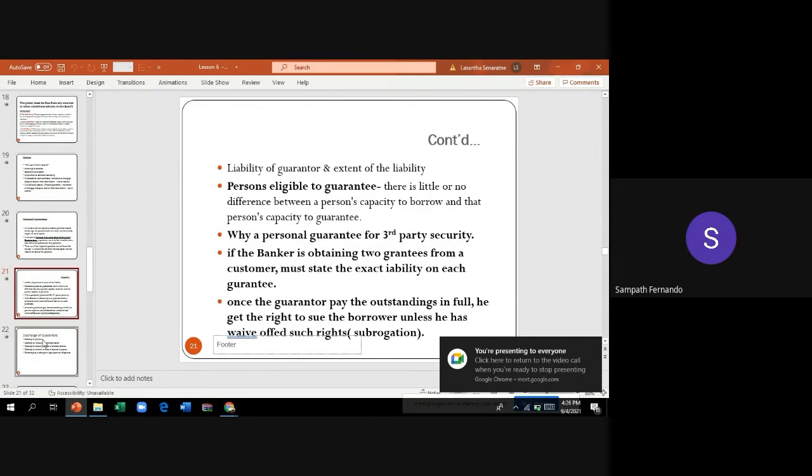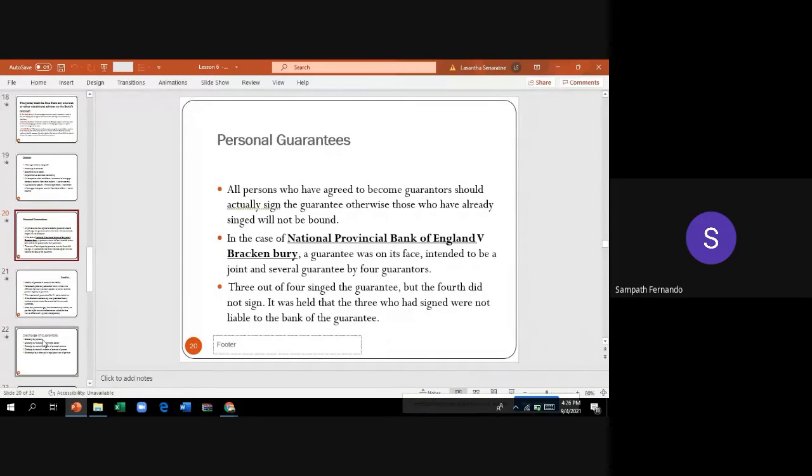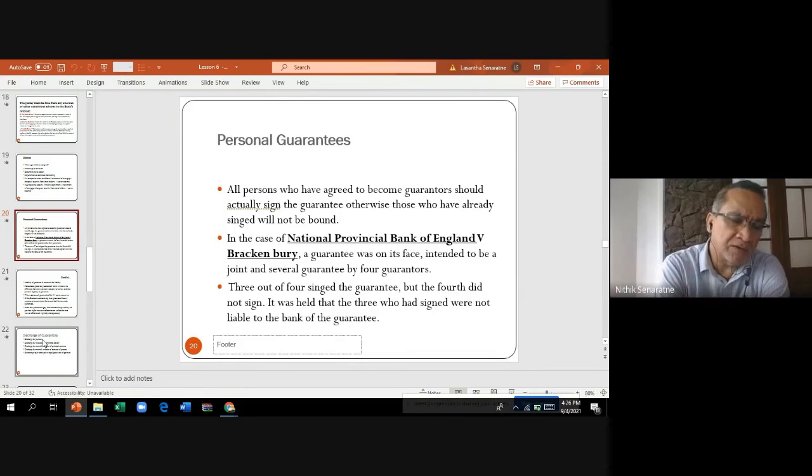When we accept these shares as security, do we have to inform the stockbrokers that we have accepted it? You don't have to inform the stockbrokers, but you have to inform the company secretary to create the charge.